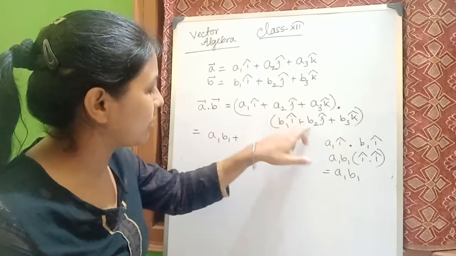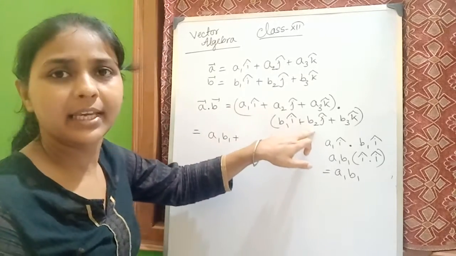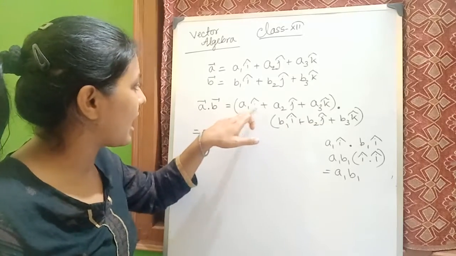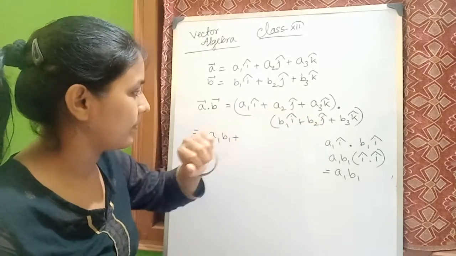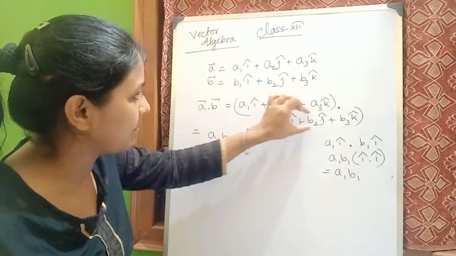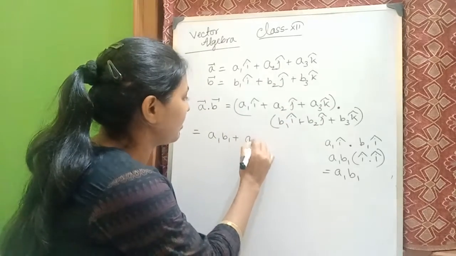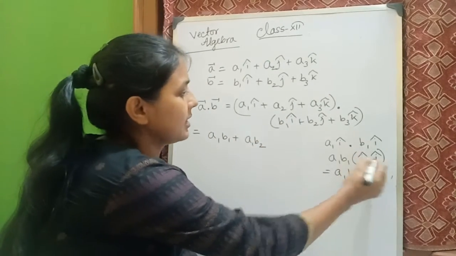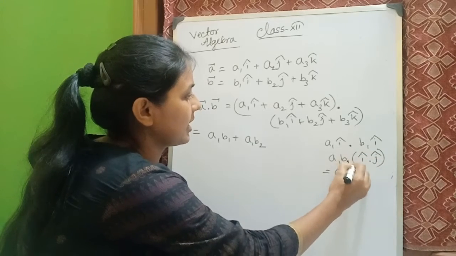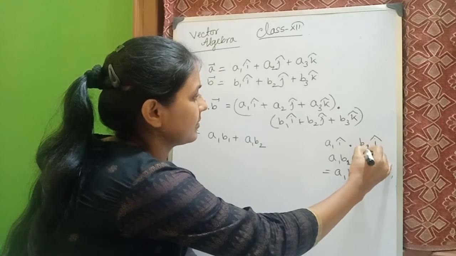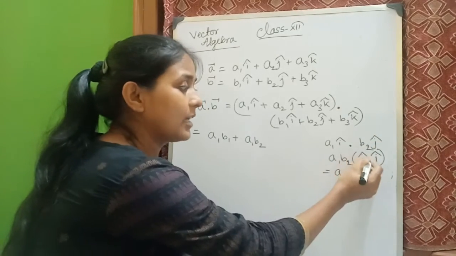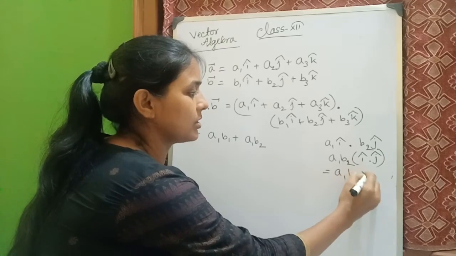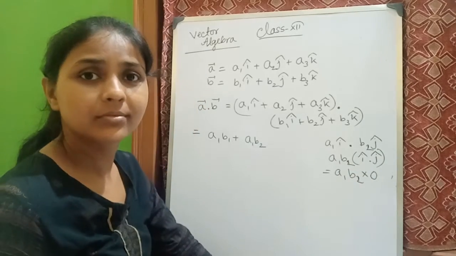Coming to the second one, A1 i with B2 j. In the same way, A1 B2 comes out, and this is i dot j. i dot j equals 0.